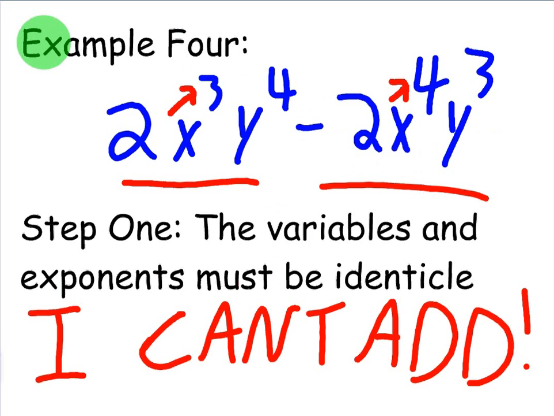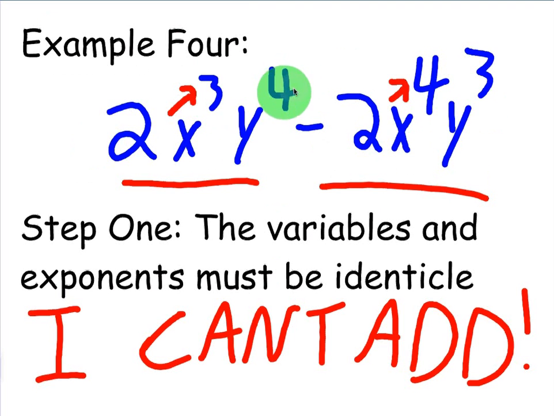Next example, we have 2x cubed y to the fourth minus 2x to the fourth y cubed. This is something you might see on a multiple choice test. If you just quickly glance at this problem, it looks like you get 0 again. But if you investigate closely, you'll see this x has a 3 as an exponent, and this x has a 4. Conversely, this y has a 4 exponent, and this y has a 3.